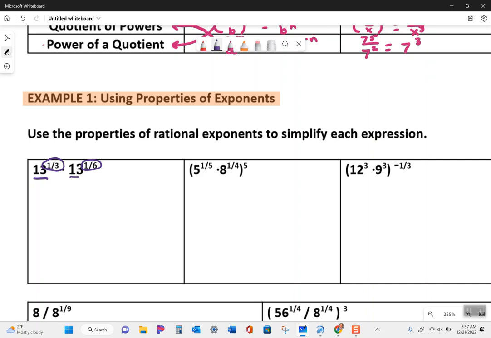If I'm multiplying 13 to the 1/3 by 13 to the 1/6, this is going to equal 13 to the 1/3 plus what up here, guys? So we've got to take 1/3 plus 1/6. Not a problem. We've got to get common denominators for the 1/3 and the 1/6. What would 1/3 be with a denominator of 6?